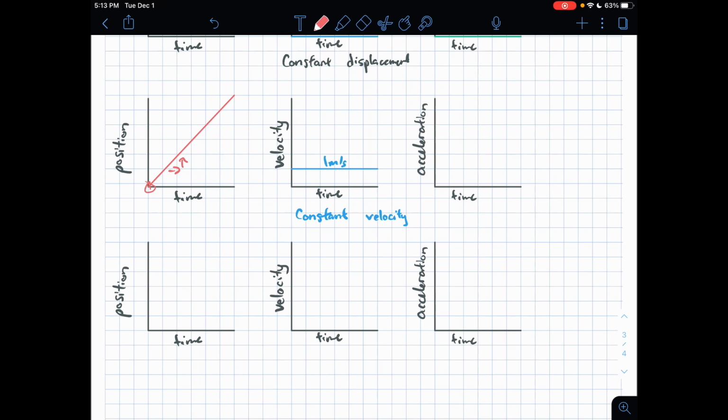I'll get into this later actually. Next up is acceleration. Acceleration is still at 0, and that's because at any given second, the velocity is not increasing. If the velocity doesn't increase or decrease, then there is no acceleration, so it stays at 0.